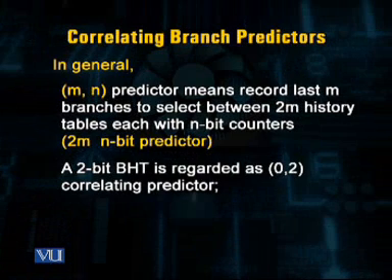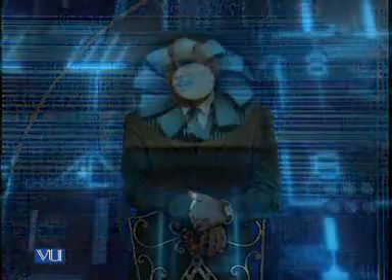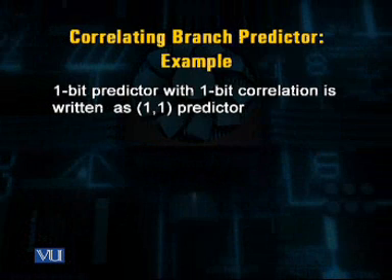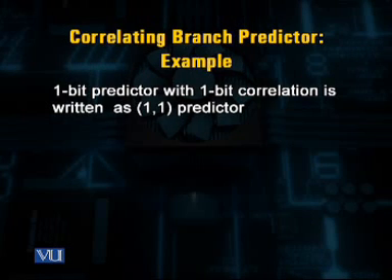So, using this general terminology, we can say that a 2-bit branch history table can be regarded as a (0,2) correlating predictor. Similarly, a 2-bit correlating 2-bit predictor can be written as a (2,2) predictor. Now we will look at the performance of the correlating predictor with the help of an example. Here, a 1-bit predictor with one correlating bit can be written as a (1,1) predictor.